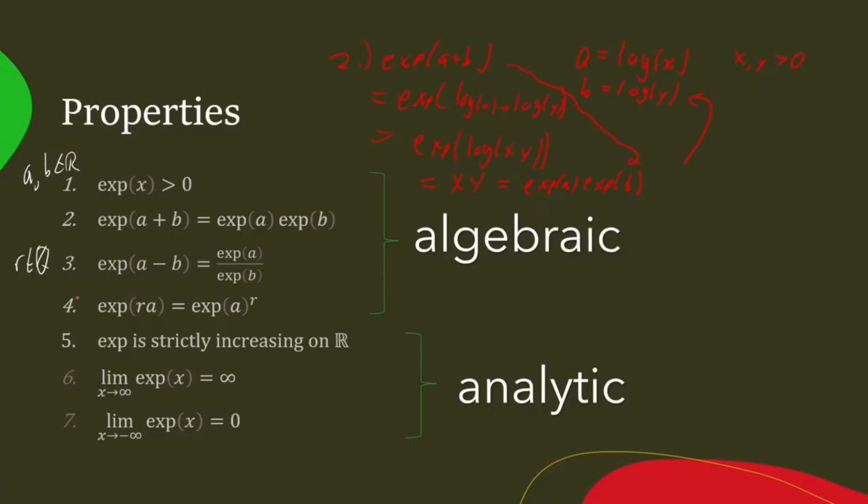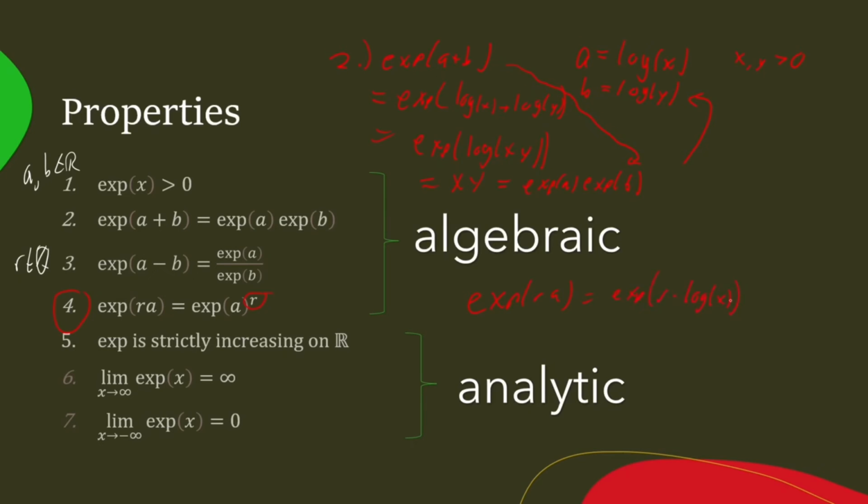Let's just try one more. Let's try this property here. If we have exp of r a, where r is a rational number, keep in mind, we only know how this works for rational exponentiation in terms of this exponent here. But in any case, we're still thinking of a as log of x. Then we can write this as exp of r times log x.